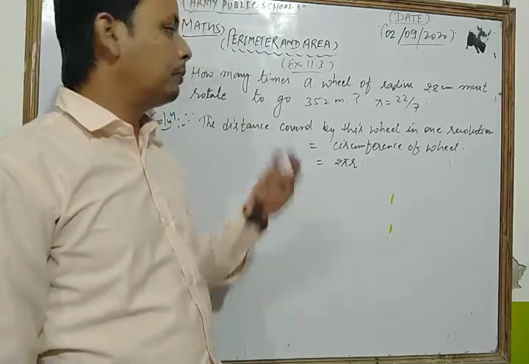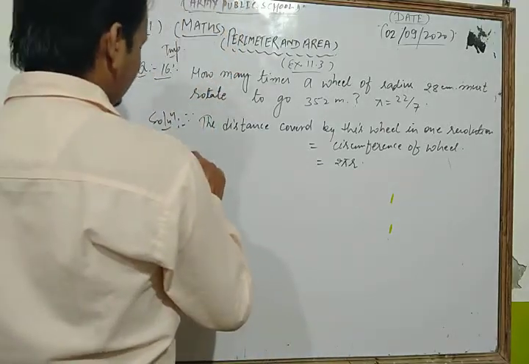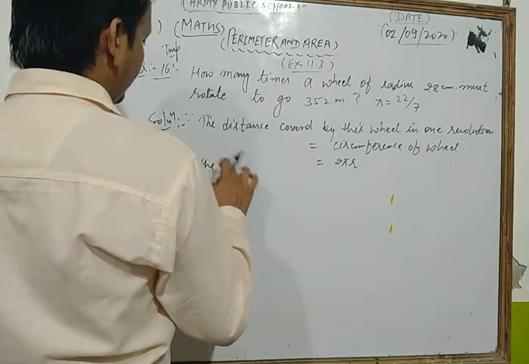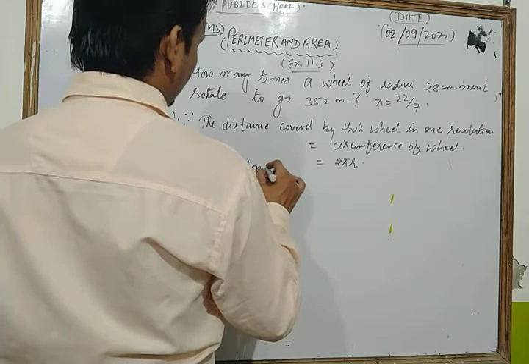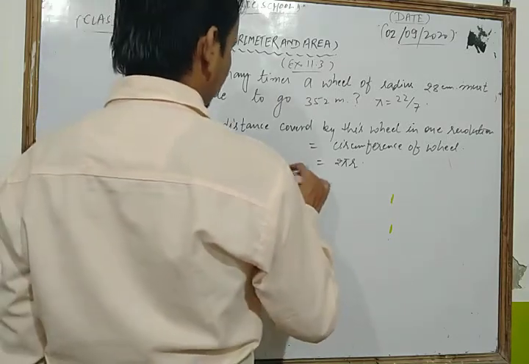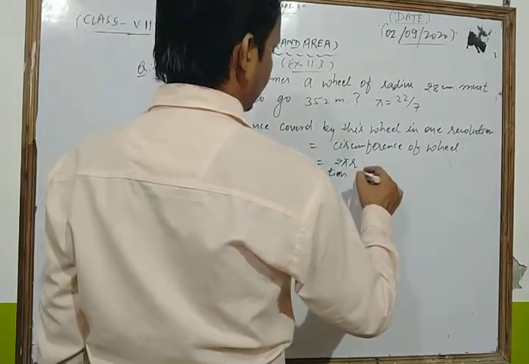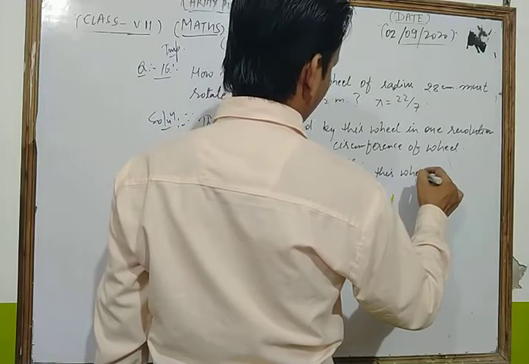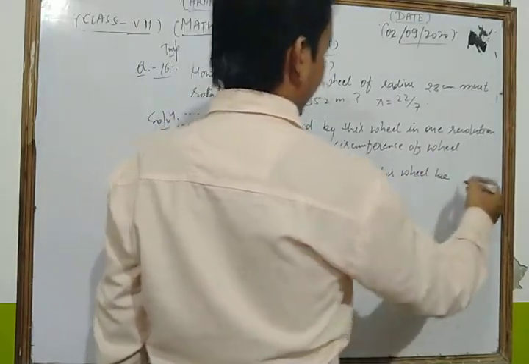Let the total number of revolutions by this wheel be n.